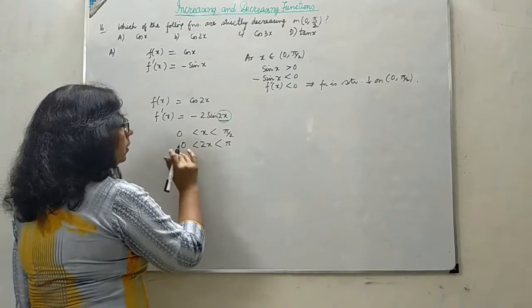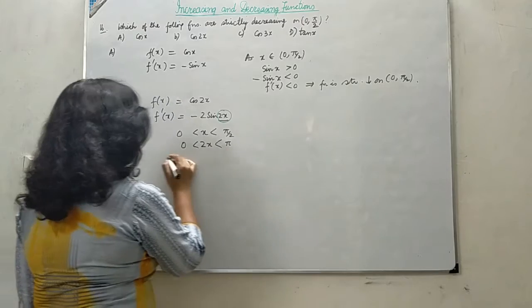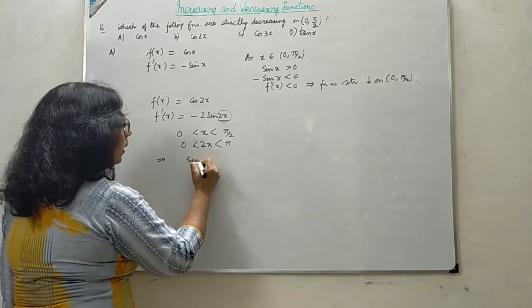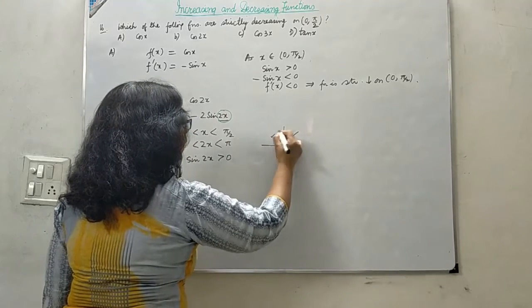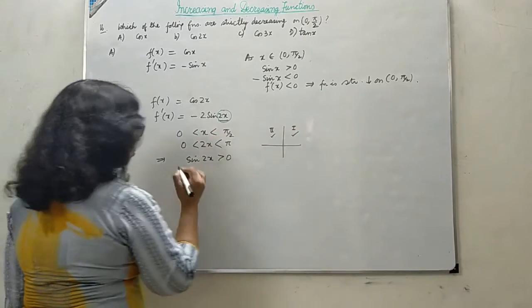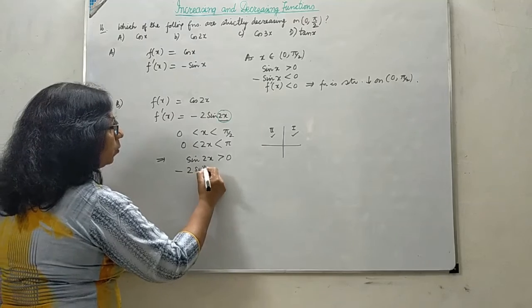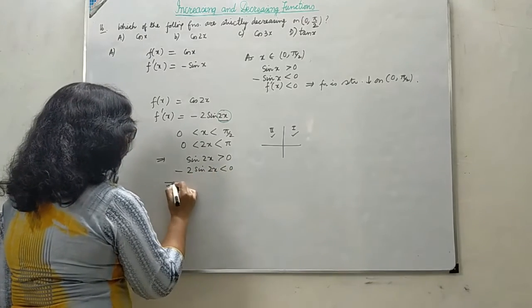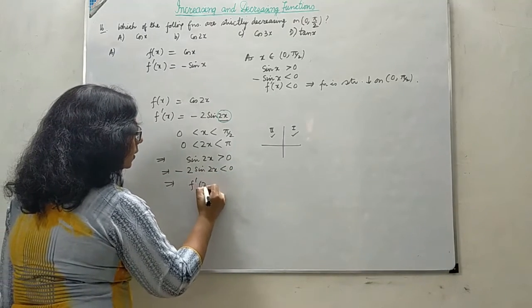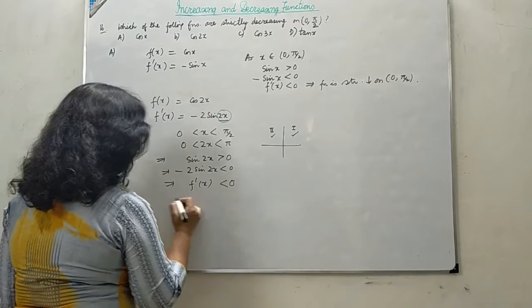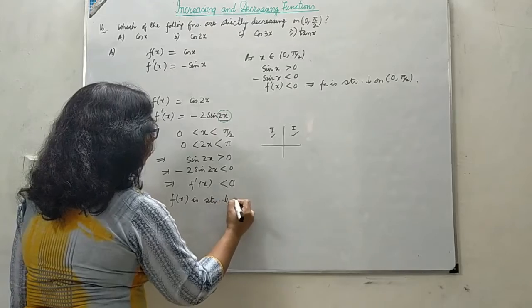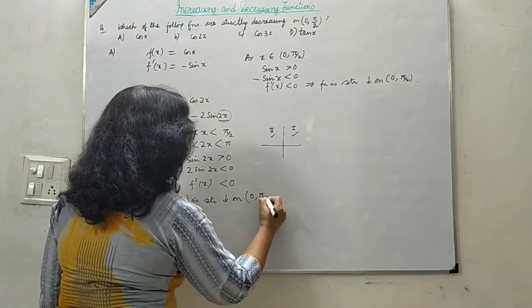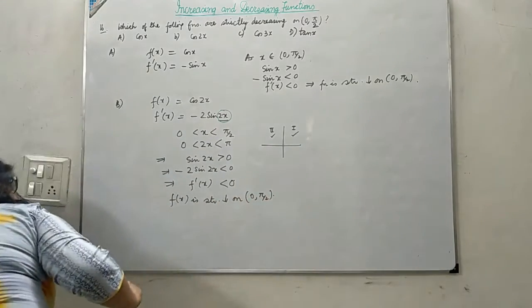This is the first and second quadrant, and we know that sin 2x will be positive for the first and second quadrant. That means minus 2 sin 2x will be negative, so f dash x is again a negative quantity. Therefore the function is strictly decreasing on the given interval 0 to pi by 2.